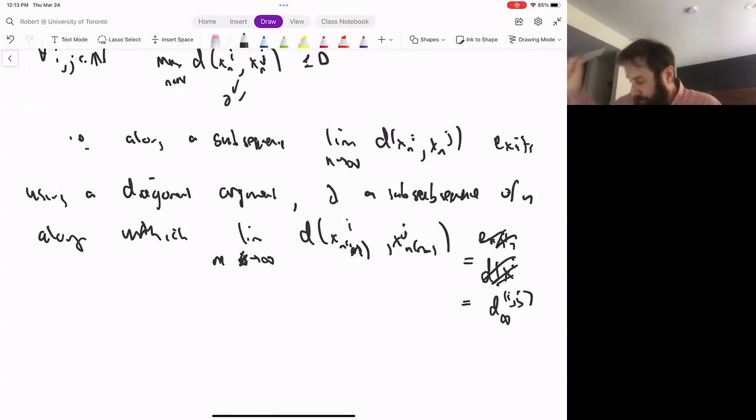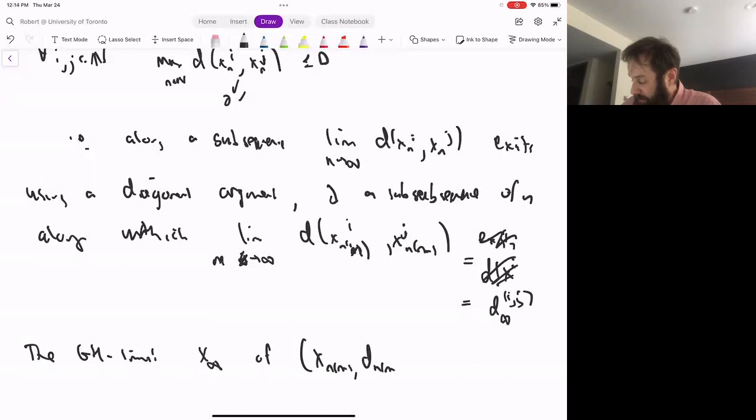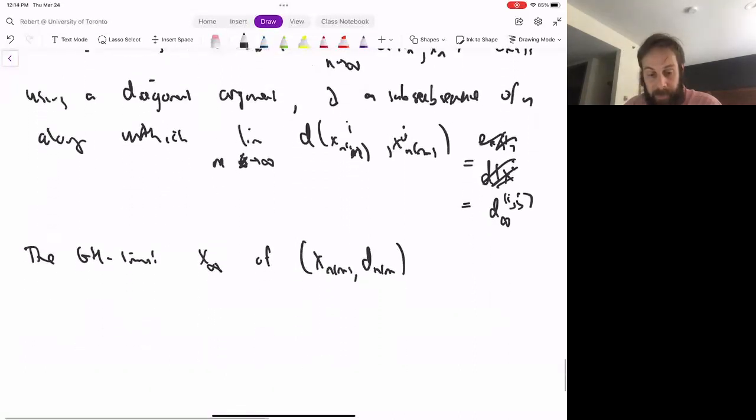And so the Gromov-Hausdorff limit x infinity of xnm, dnm is constructed as follows.